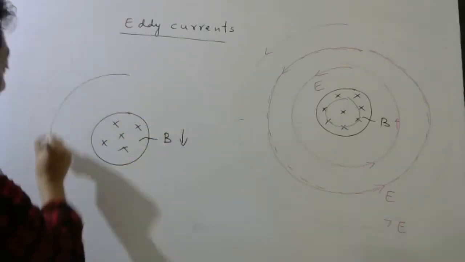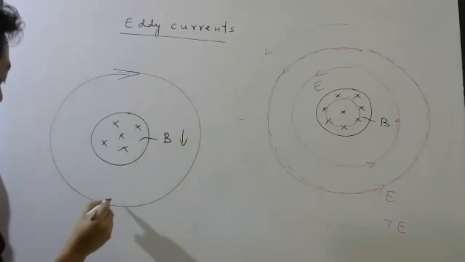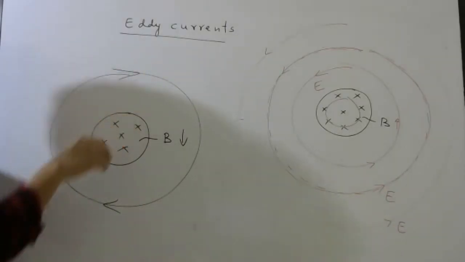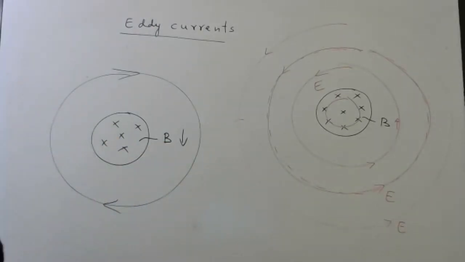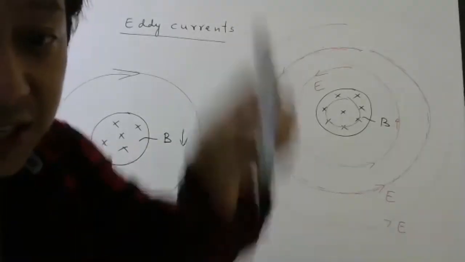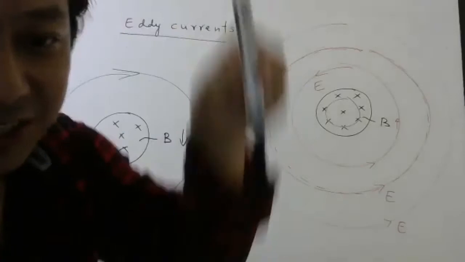So if there was a wire, current should flow this way, so that this current will produce a magnetic field which will support this decreasing flux. To oppose somebody which is decreasing, you have to support, because it is decreasing, right?